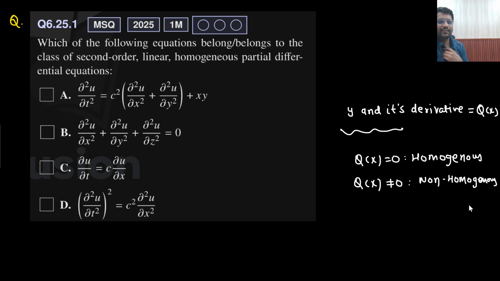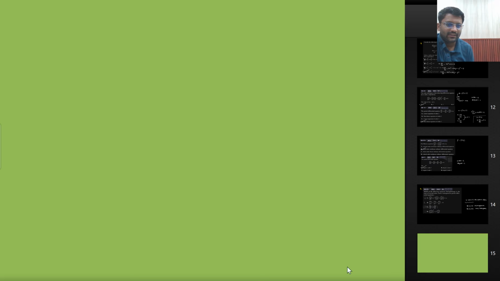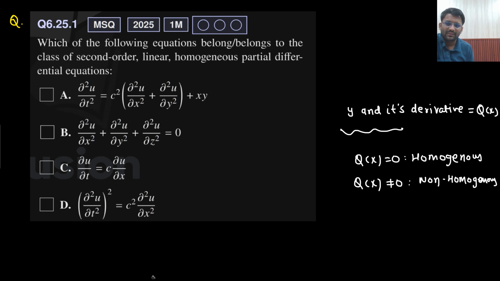Right? See the first equation, equation A. What is the scenario here? Sir, only in the first option, u is a function of x, y and t.